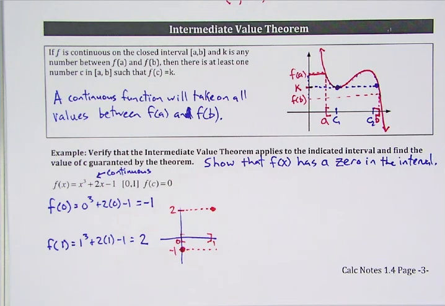So this is sort of like putting pieces of the puzzle together without actually seeing the picture. So the question is, show that f of x has a 0 in the interval.